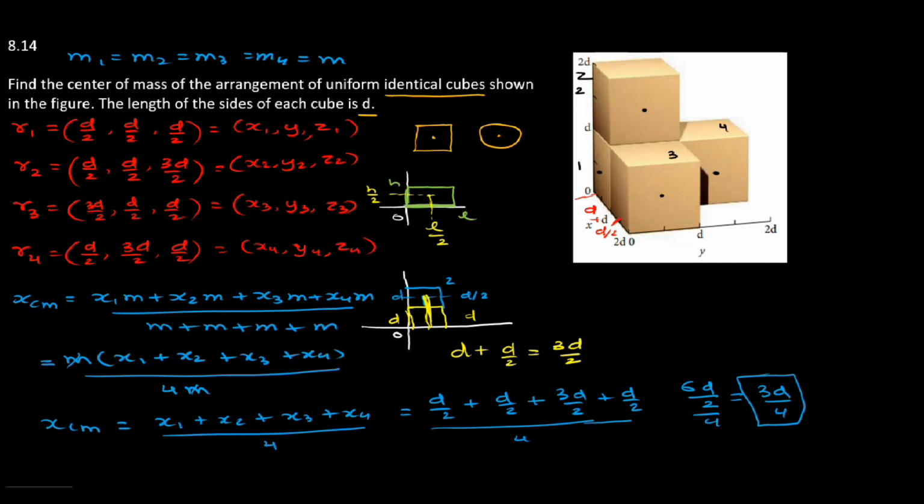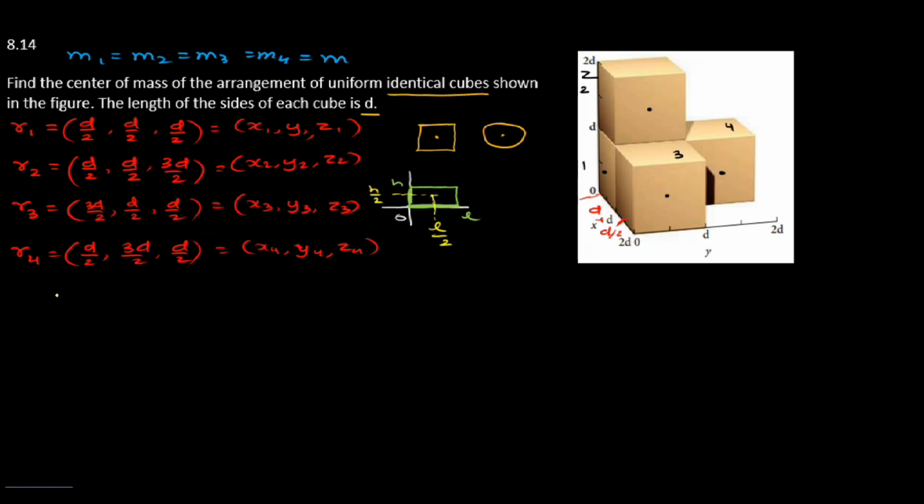We can do the same thing to find the y coordinate. For y coordinate, I'm just going to use the simplified version of the rule that I found for x. We don't need to resolve everything again. I can just write ycm equal to y1 plus y2 plus y3 plus y4 divided by 4.